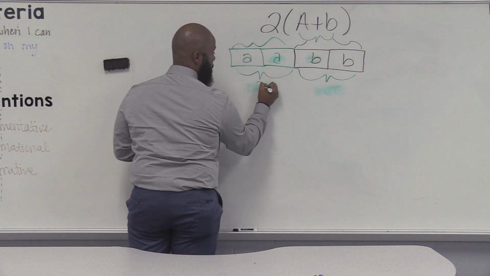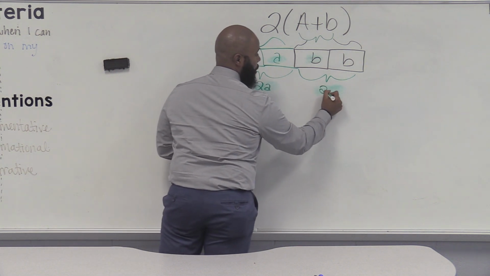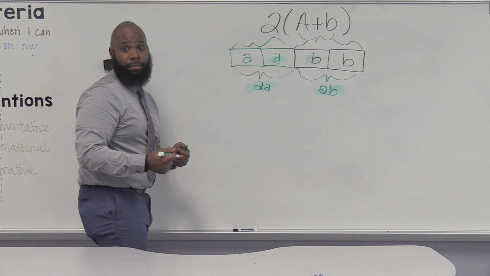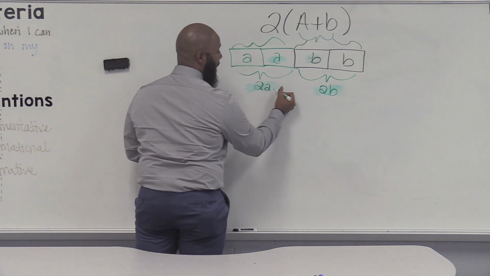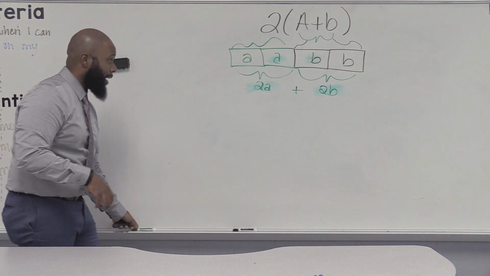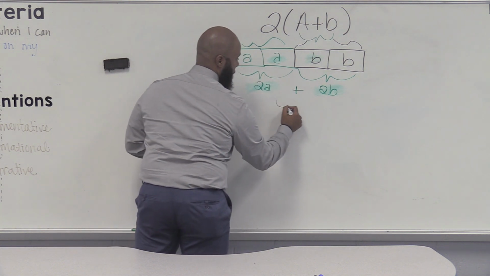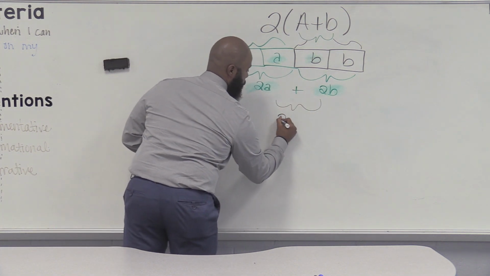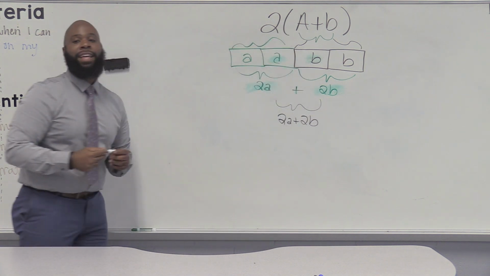This represents 2A, and this represents 2B. So now I can write this based off of this: I know that this is 2A plus 2B. So that is my equivalent expression to this. 2A plus 2B is equivalent to that.